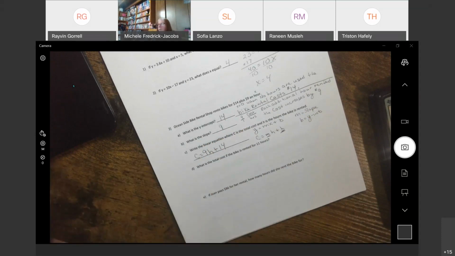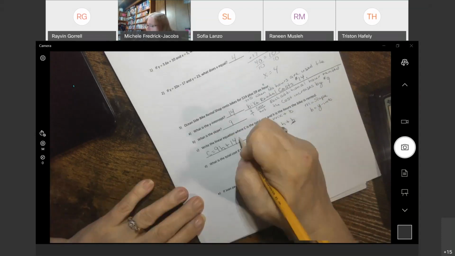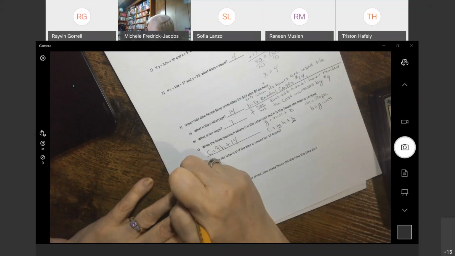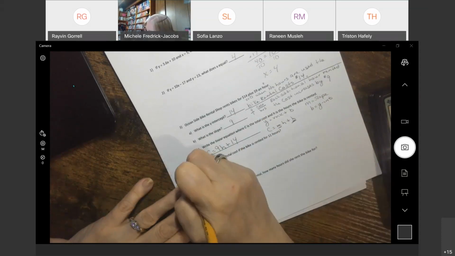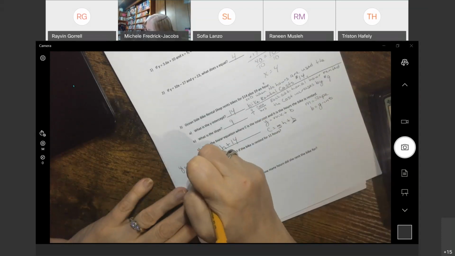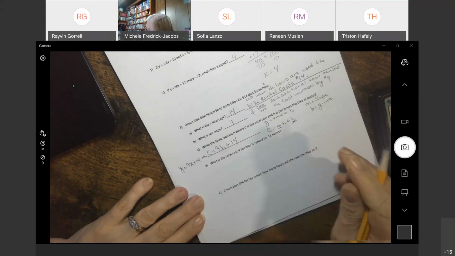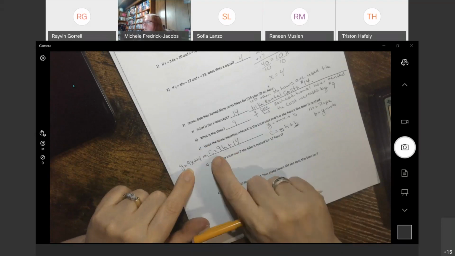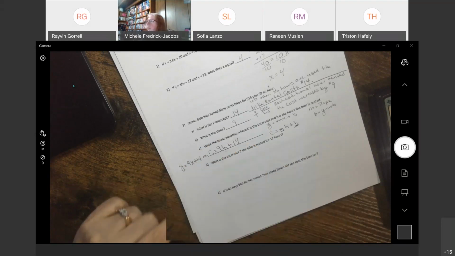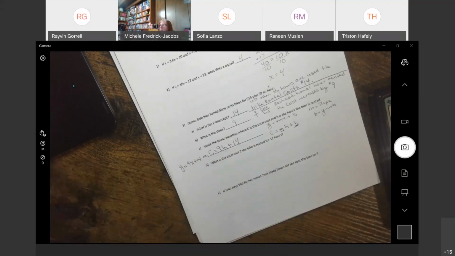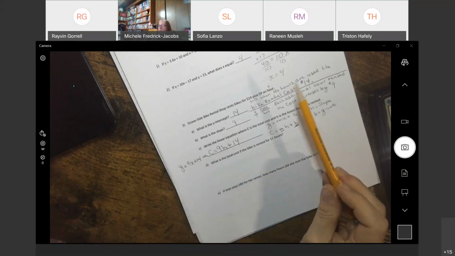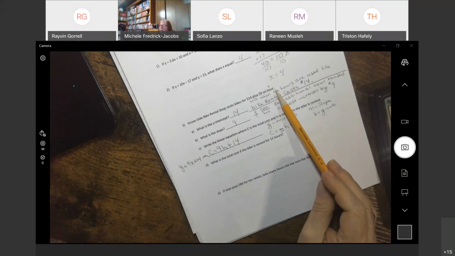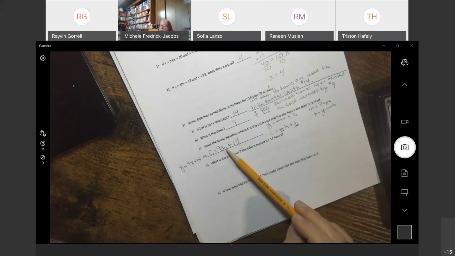So you could have written it like this, or you could have put it this way. Either one. If you use X and Y, it looks like this. If you use cost and hour, it looks like this. So remember, this was $9 an hour, so this increases depending on how many hours you rent it.